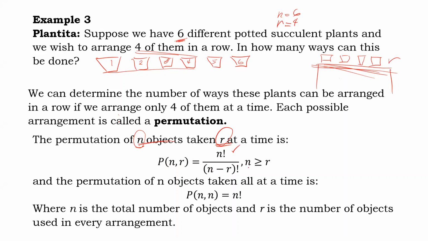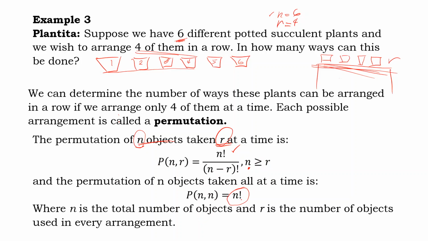And the value of n should always be greater than or equal to r. The number n cannot be lower compared to r. And the permutation of n objects taken all at a time is n permutation n, which is equal to n factorial.